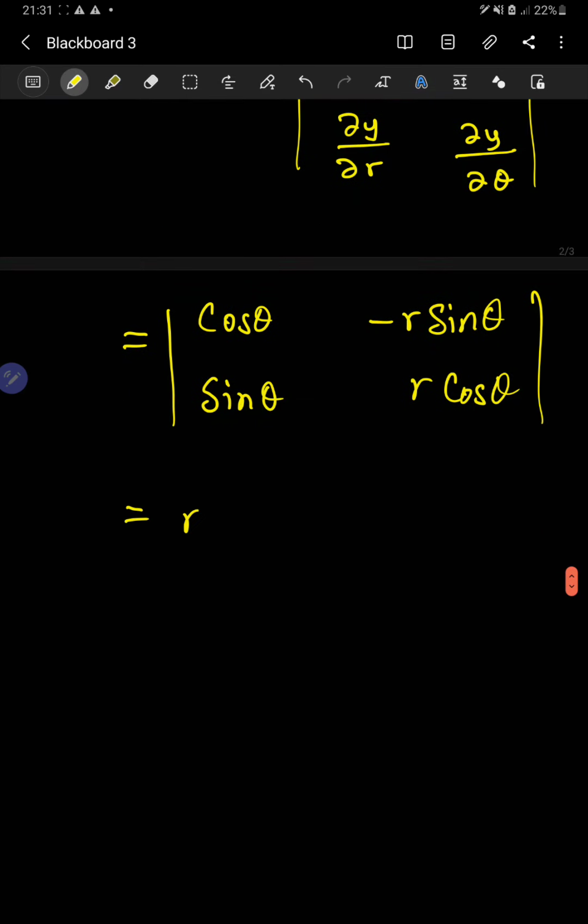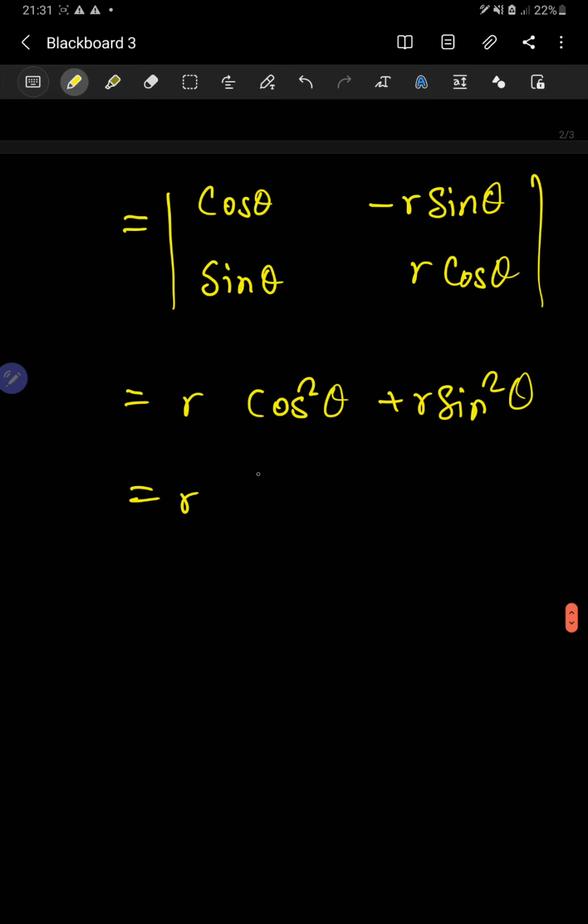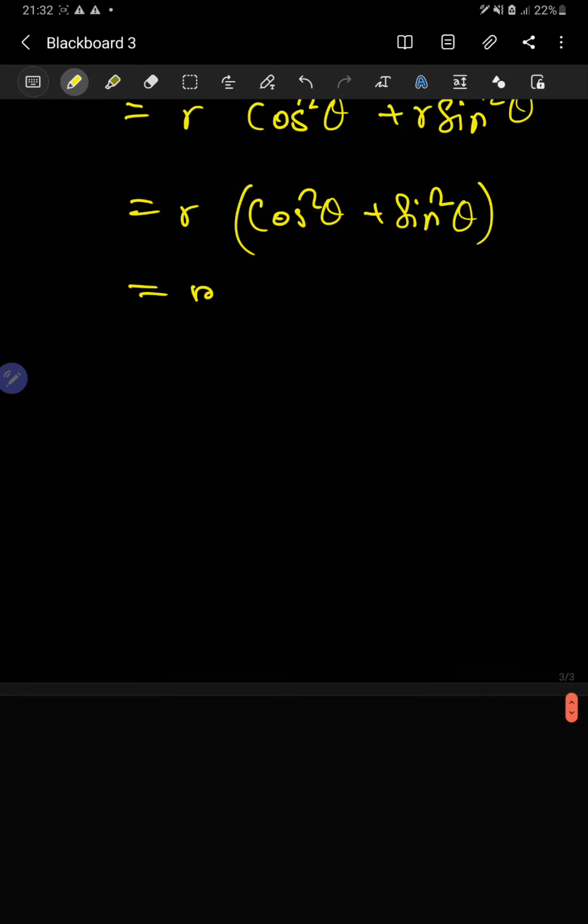If you take a derivative, you have something like this. And if you now calculate the determinant, this is sine squared theta. If you take factor r out, cosine squared theta plus sine squared theta, and you have just r. So the Jacobian is basically r. If you're shifting to r and theta, you just need to put an extra r and you're done.